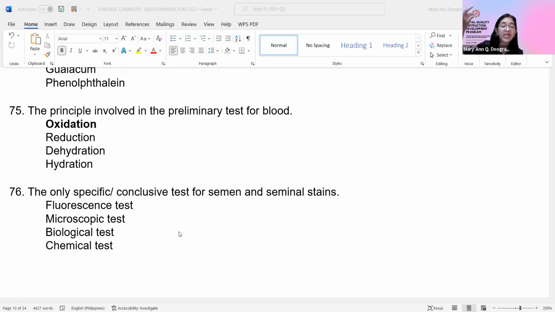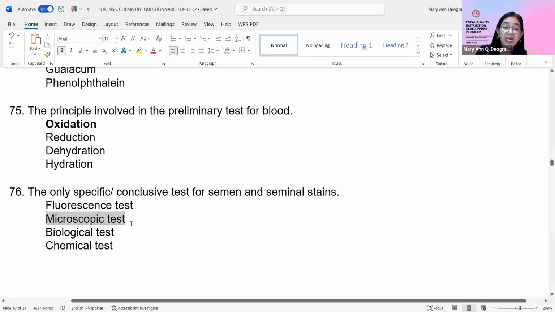So in the forensic characterization or from the criminalistic standpoint, one can prove that a fluid or that a stain is really semen if the spermatozoa is present, and we can only detect the presence of spermatozoa using the microscopic examination. So ito yung pinaka-conclusive sa lahat.